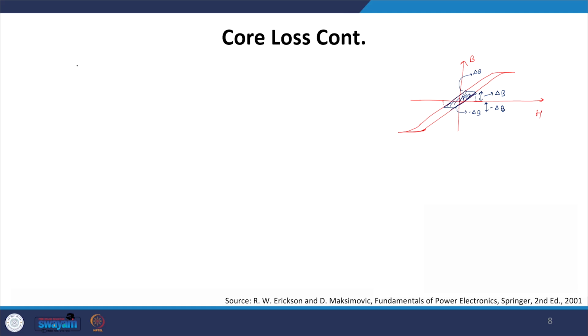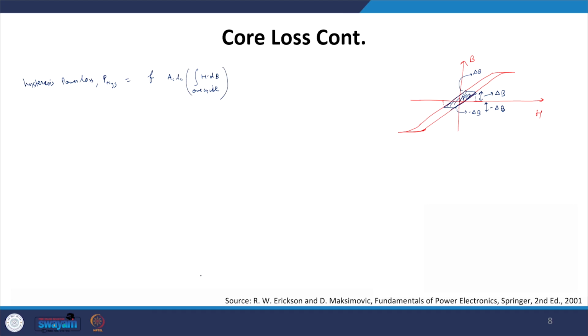So we can get the hysteresis power loss by multiplying the energy going into the core by the number of times this cycle occurs. P hysteresis, the hysteresis power loss, is whatever energy is going into the core, multiplied by the frequency, and this is the energy, the integral of H dB, for one cycle.